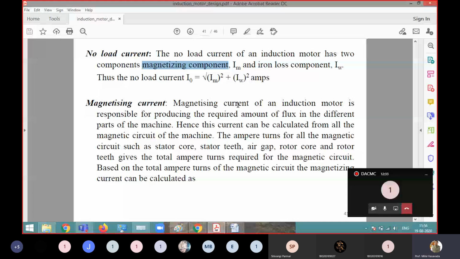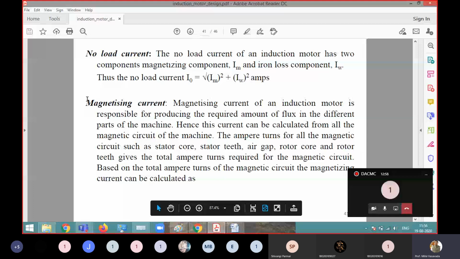The addition of all ampere turns required to establish flux in the air gap, plus the core, stator and rotor, plus the teeth, stator and rotor, gives the total ampere turn AT60, and dividing by the number of turns gives the magnetizing current, right?